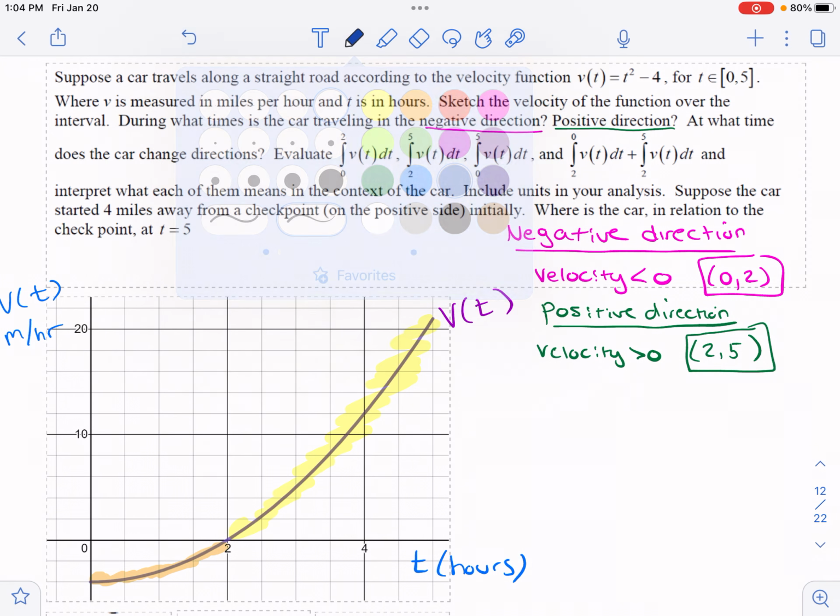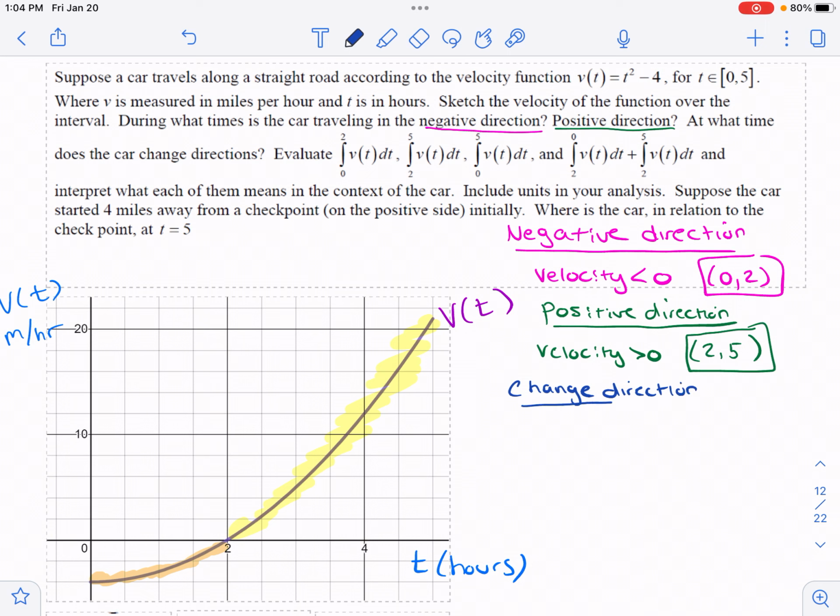Well, a car changes directions when its velocity is 0 and it changes sign, either from positive to negative or negative to positive. We can tell from our graph that at time 2 is when our car stops and then changes from going in the negative direction to the positive direction.